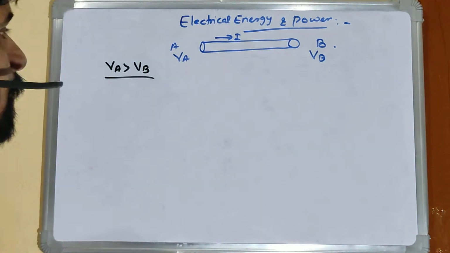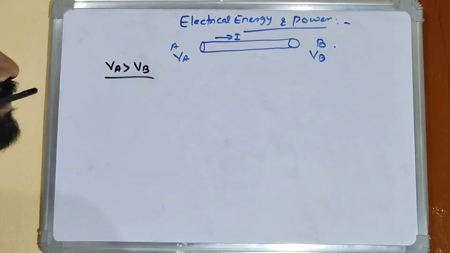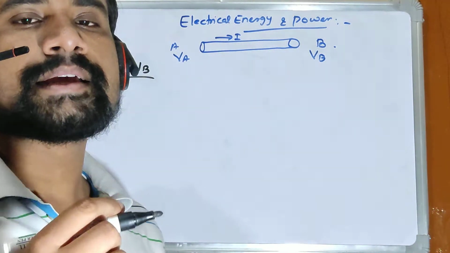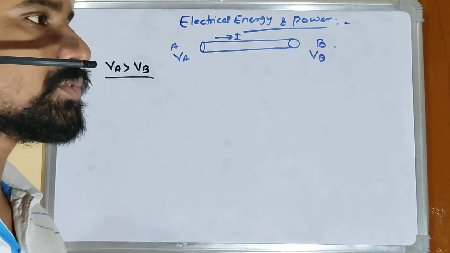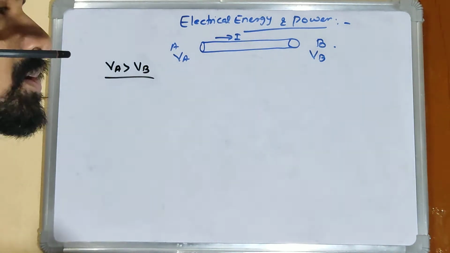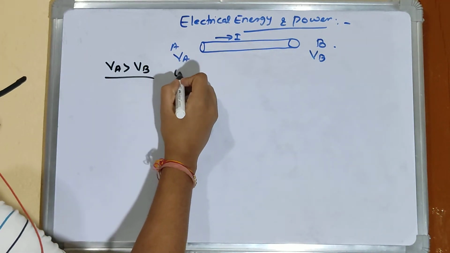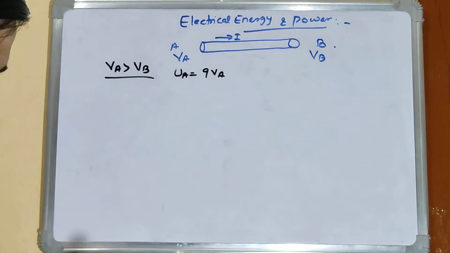Now, what is the potential energy at A? If Q is the charge which is flowing from A to B, so potential energy at A, let's say UA, will be what? Q into VA, right?